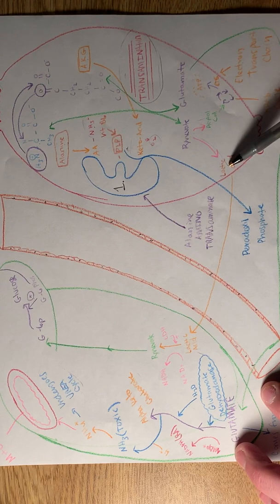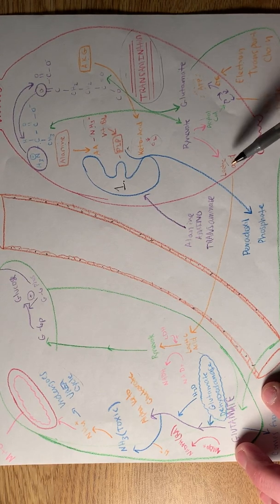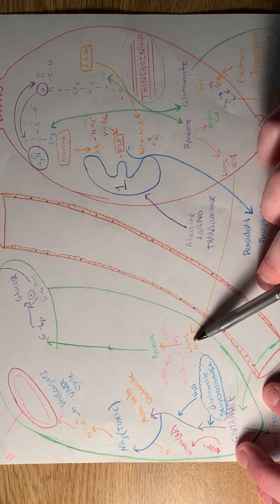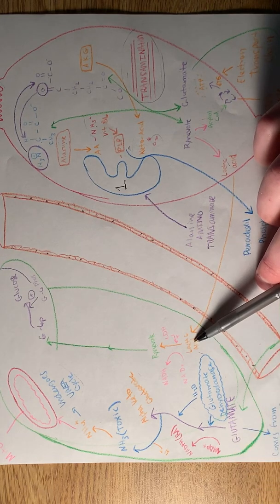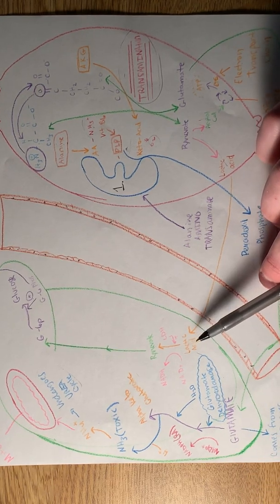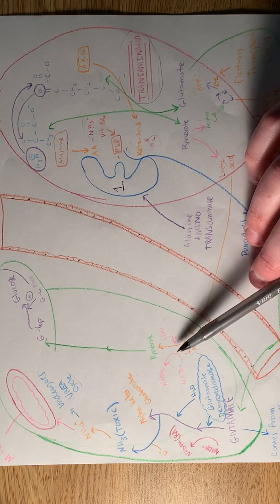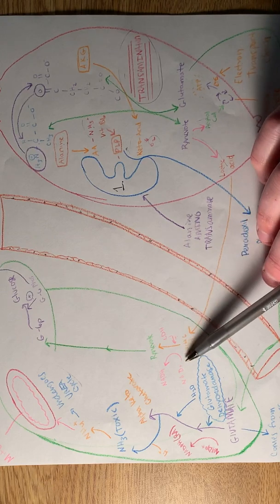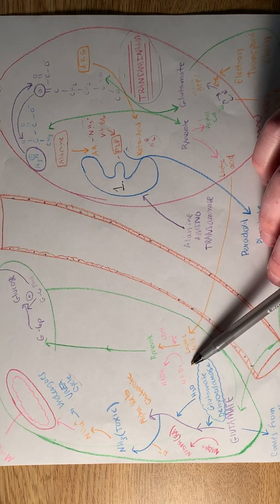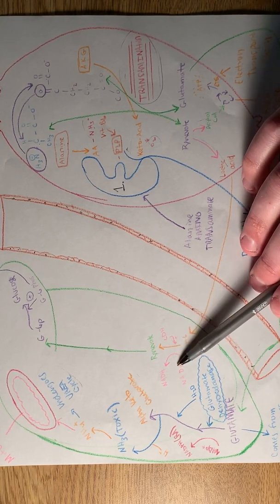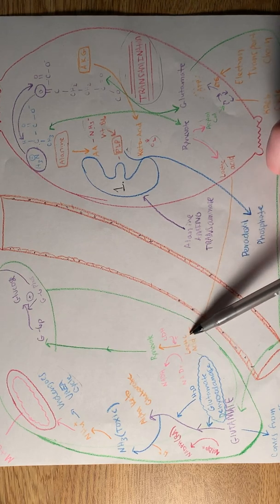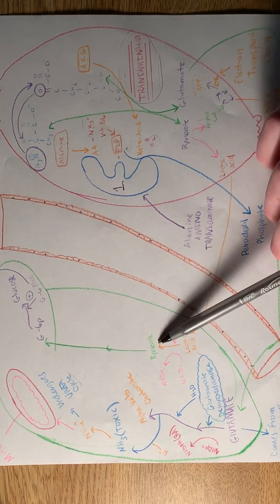Going back to lactic acid, the lactic acid goes through something we call gluconeogenesis. Once the lactic acid is in the liver, LDH and NAD+ goes to NADH, so then eventually the lactic acid gets converted into pyruvate.